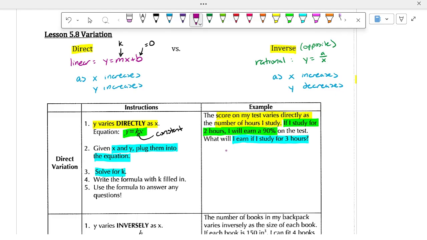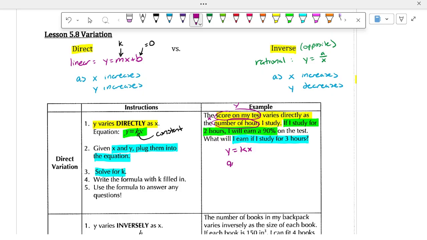So always think y equals kx. So we're going to plug in what we know for x and y. Now, typically, y varies directly as x. That means the score on my test is my y. The number of hours I study is my x.